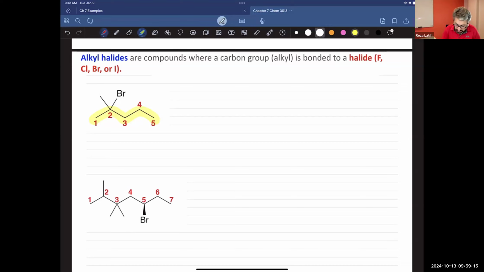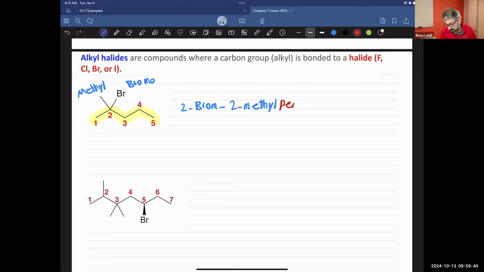On the second carbon here, I have a bromo, and also I have methyl. Priority will go with bromo, so I'm going to say 2-bromo. Next, I have methyl on the same carbon, so I say 2-methyl, and I have 5 carbons, so this one will be pentane.